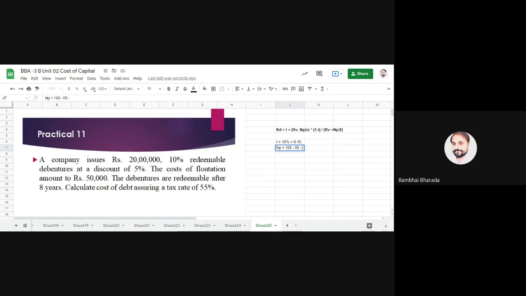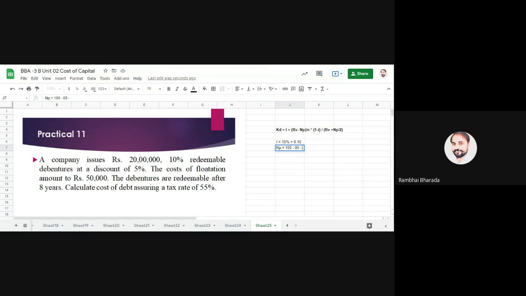The cost of flotation amount rupees 50,000. Whenever companies issue the debentures, the total cost of issuing debenture is 50,000. It is a total cost. So total cost is 50,000 for how many debentures? For how many debentures? See the amount.